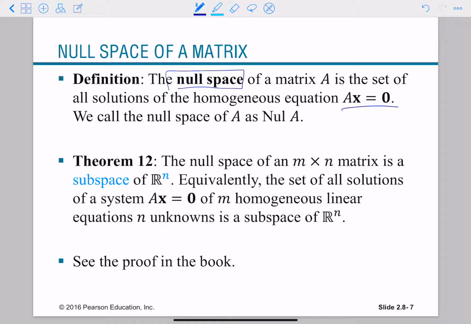So the set of all the possible solutions of our homogeneous linear system, collected together, is called the null space of a matrix A. That is just a name, but more importantly, this null space is actually a subspace, which means it is closed under linear combinations.